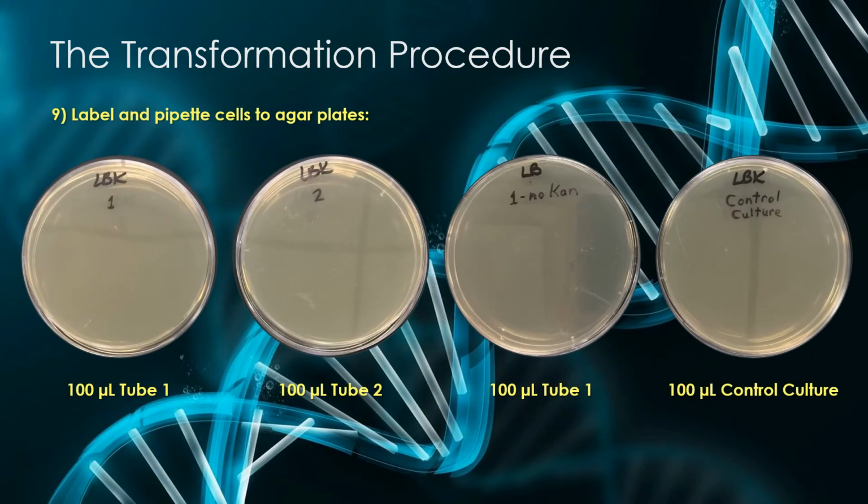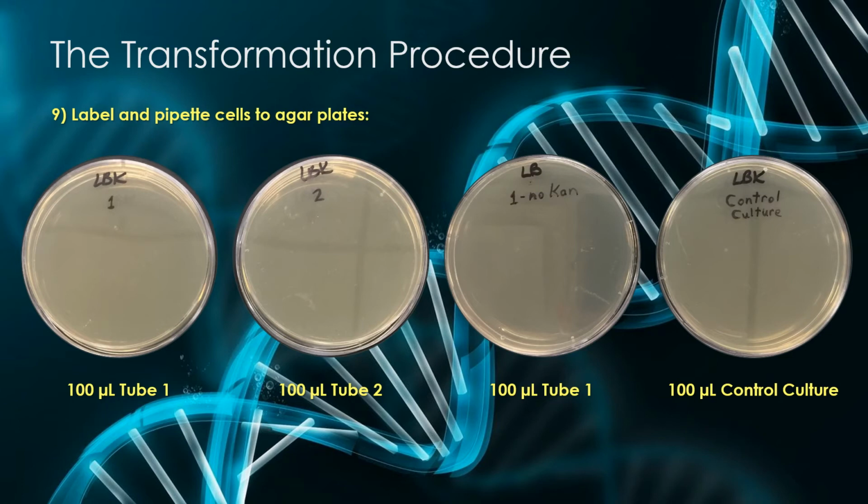After that is one of the last steps in the procedure. We are going to take the cells and put them on plates with kanamycin and 1 plate without kanamycin. So you can see in the end we're going to have 4 plates. LBK1, so LB is Luria broth, and K stands for kanamycin. Tube 1 was our control. LBK2, that was our experimental tube.